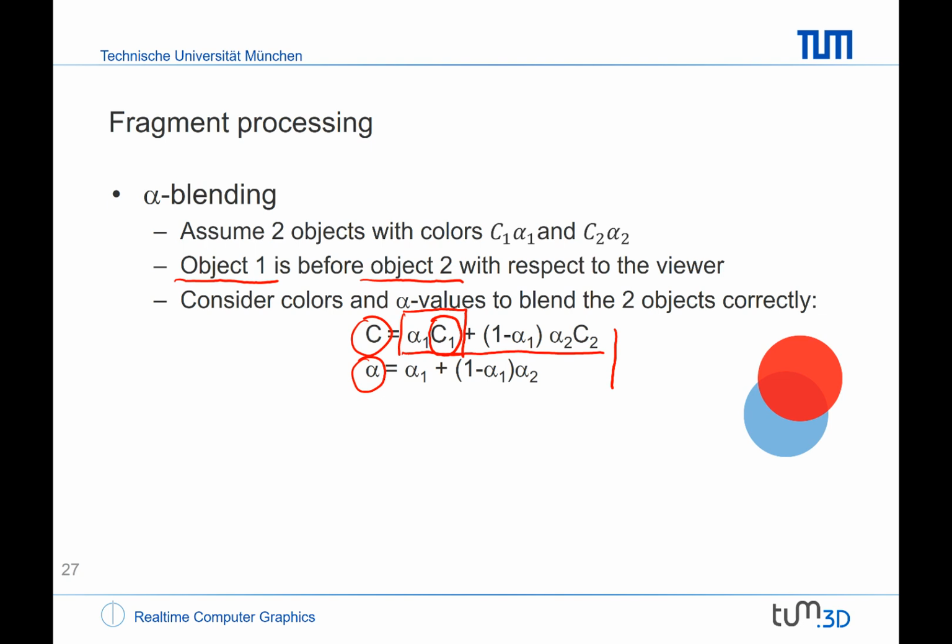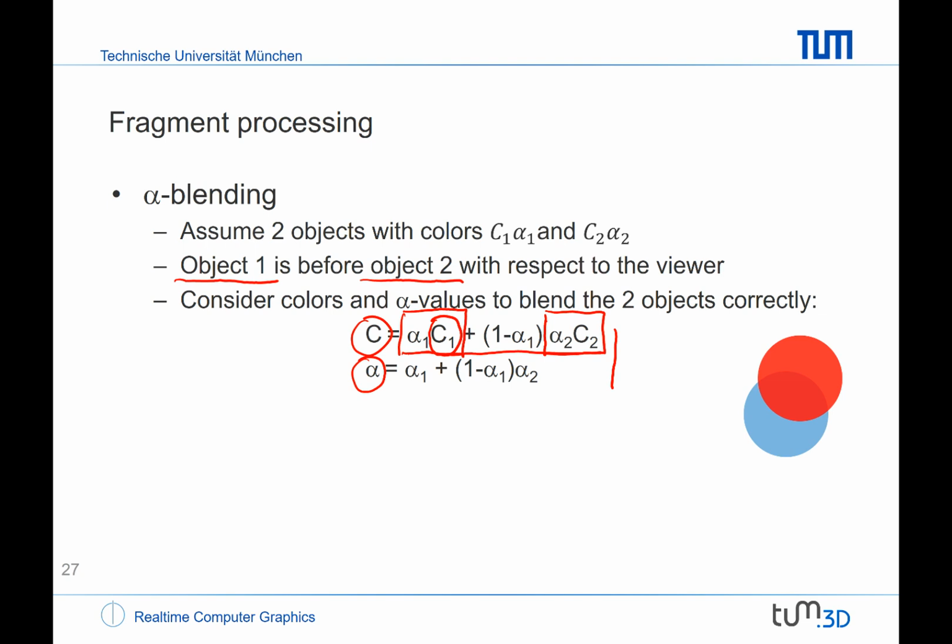And then we could ask, what do we see of the second object? First let us answer the question: if we only had the second object, then the effectively perceived color of the second object would be its color C2 times its alpha 2.